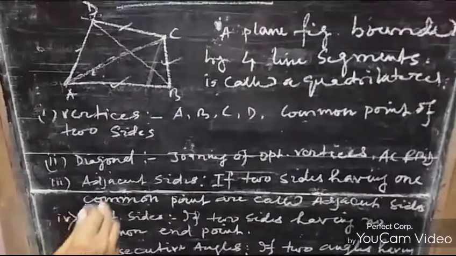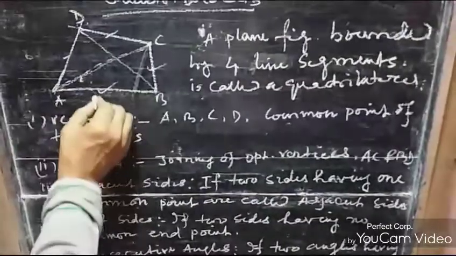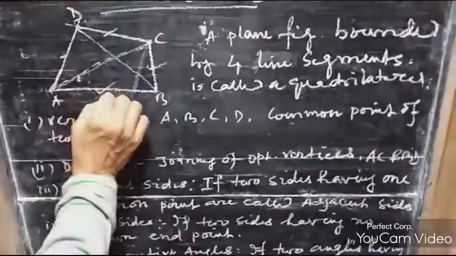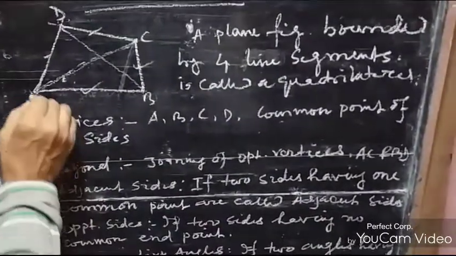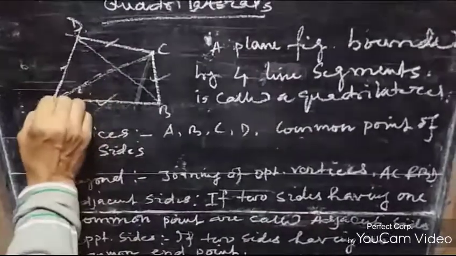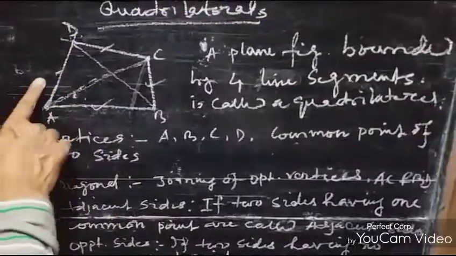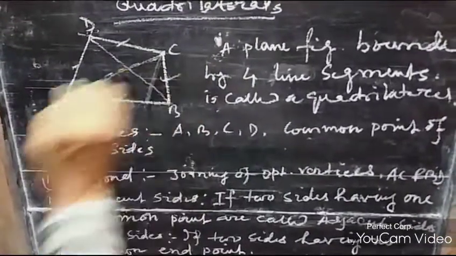Next, the adjacent sides. What is this? If two sides have one common point, these are called adjacent sides. These two sides AB and DA have a common point here, so these are adjacent sides. This AB and BC have a common point, so these are adjacent sides.